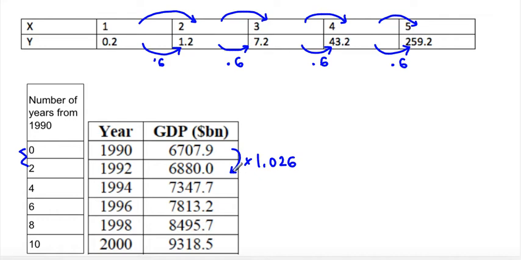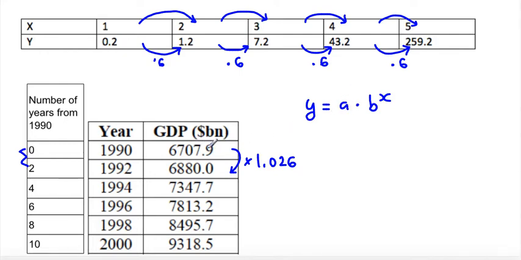So why does it matter? How can I adjust this in my formula and find the right growth factor? We can do this easily. My basic formula is y equals a times b to the power x, where b is the growth factor, and a is always the beginning number.